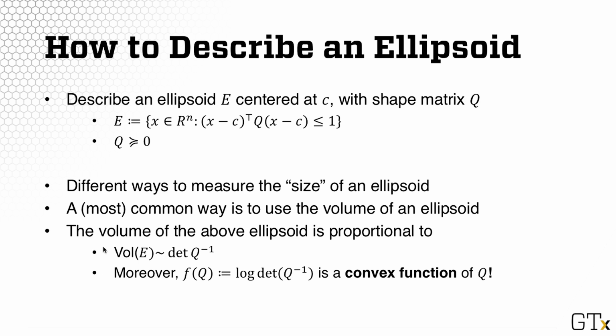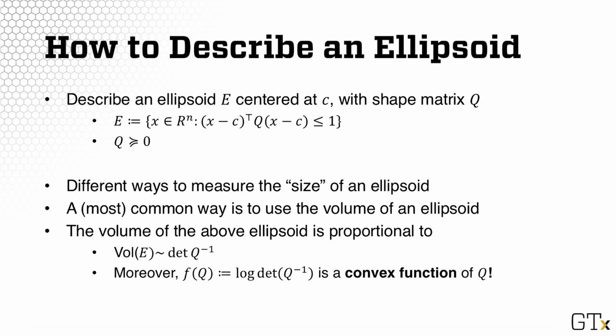So we want to minimize the volume. However, this determinant of Q inverse is not a very nice function to deal with because determinant is not a convex or concave function. But it turns out that instead of directly minimizing the volume, we can minimize the log of the volume, because log is a monotone increasing function. Minimizing x is the same as minimizing log x.